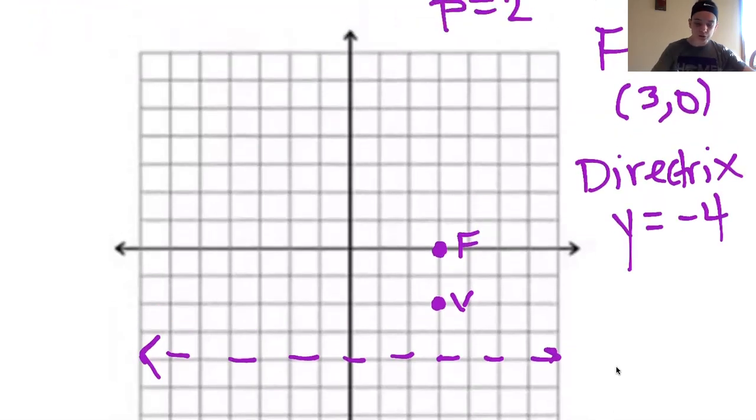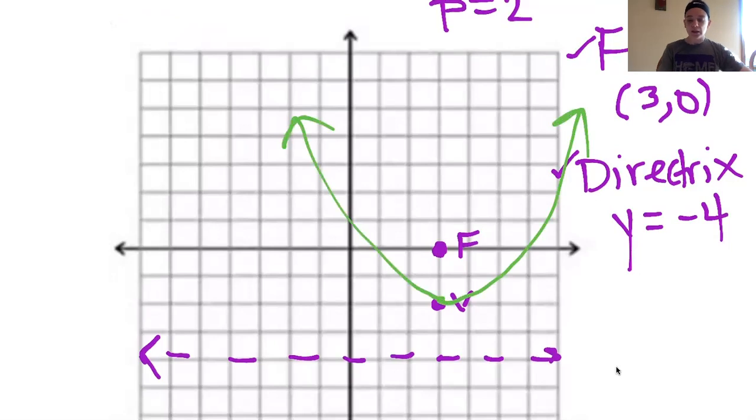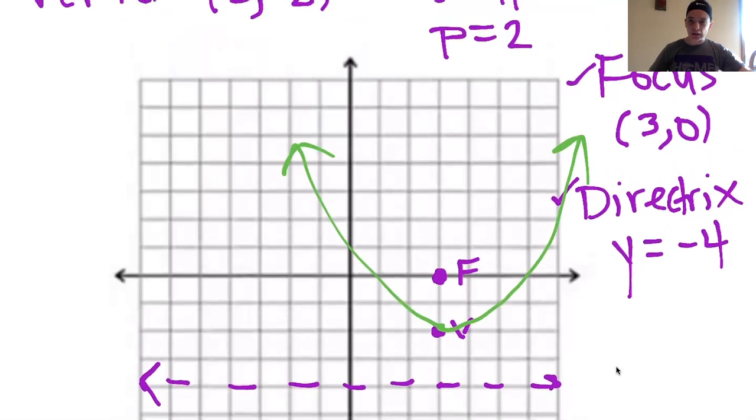So I've labeled my focus, I've labeled my directrix. The last thing that we need to do is actually draw our parabola. And there's our graph. Now, I will say that sometimes our parabolas are going to be wider, sometimes they're going to be skinnier. Right now, I just want you to draw the parabola and we can worry about skinny versus wide at a different time.